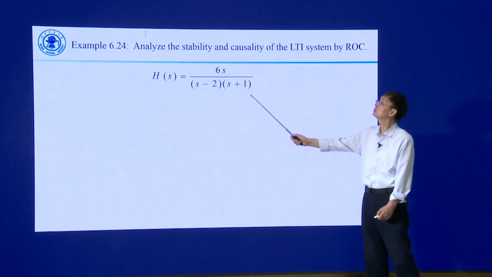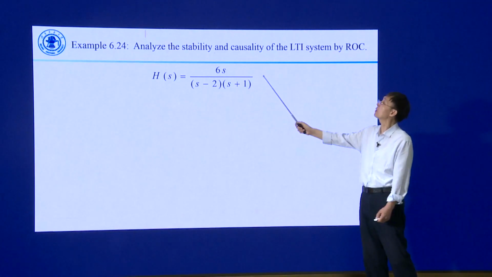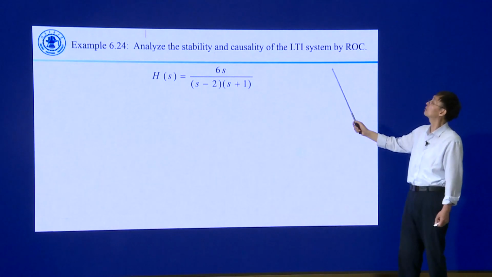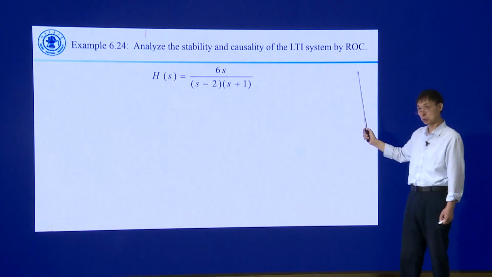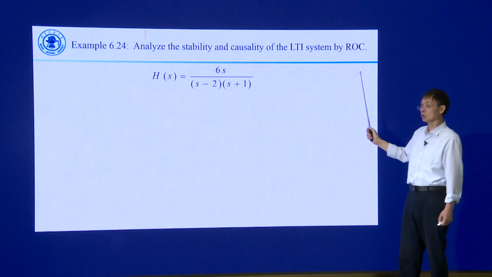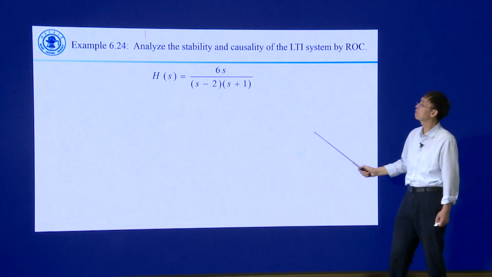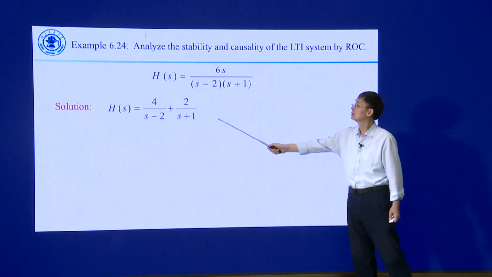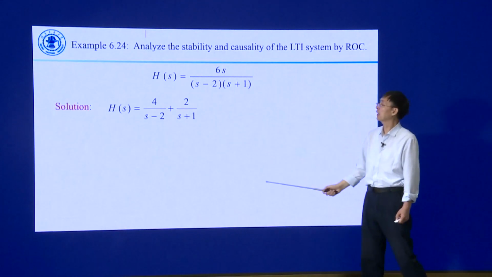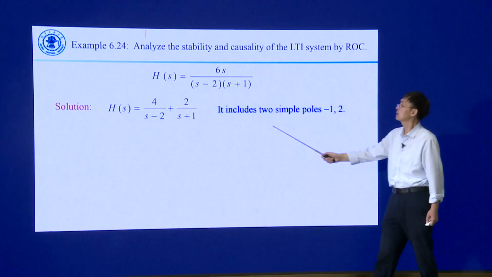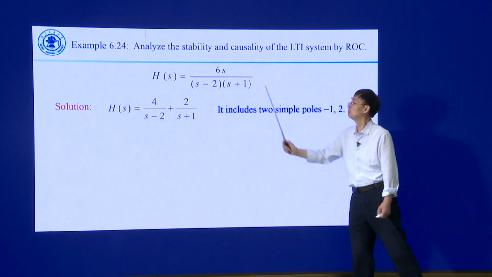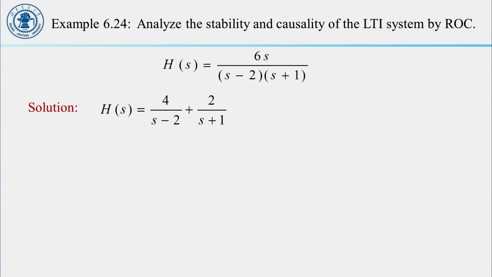For example, analyze the stability and causality of the LTI system according to its region of convergence. This H(s) can be expressed in this fraction form. For this transfer function, there are two simple poles.